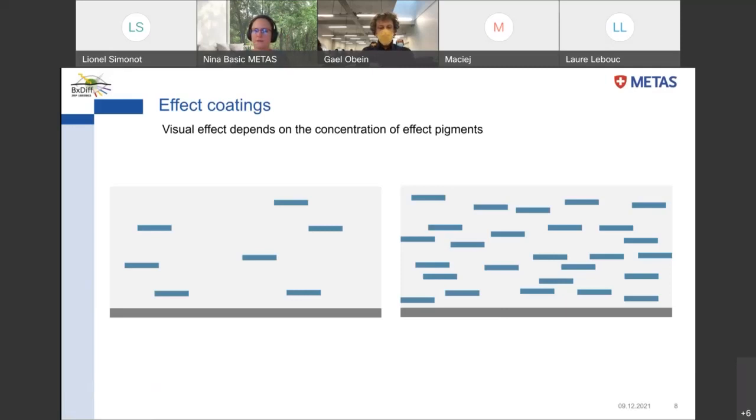Of course, if we have just a few of these pigments, we will not have such a nice visual effect, because we will have just a few tiny bright spots. Whereas when we have a bigger concentration, then we can have a better visual effect. Okay, because we have light that is bouncing off more than just a few pigments.